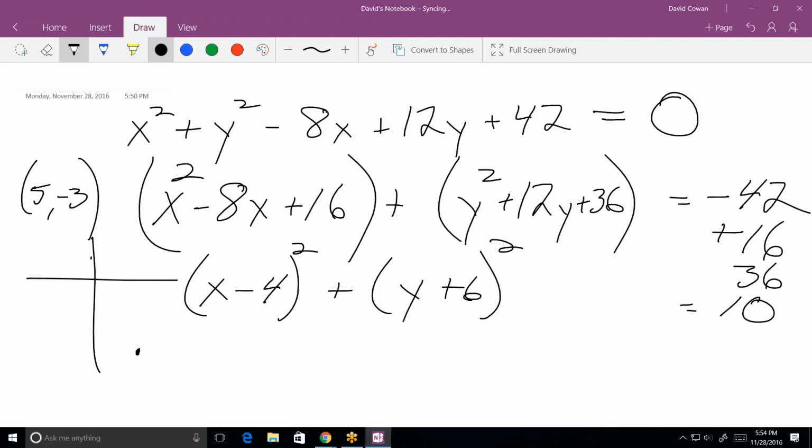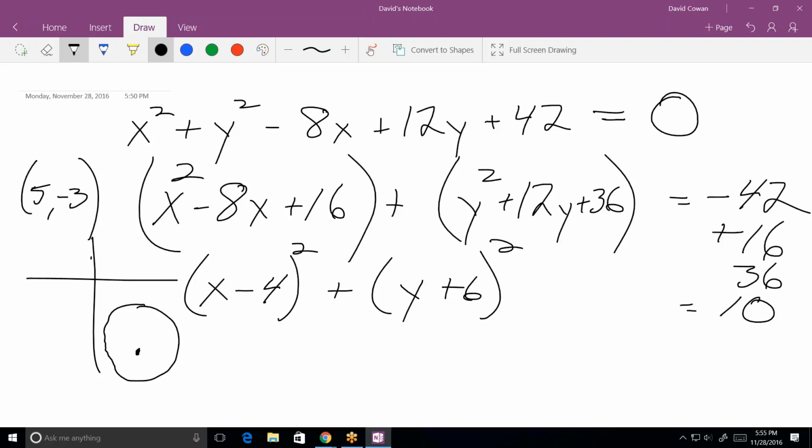And it's a circle of radius root 10, which is approximately 3 and change. So it's definitely going to be something like that. Okay?